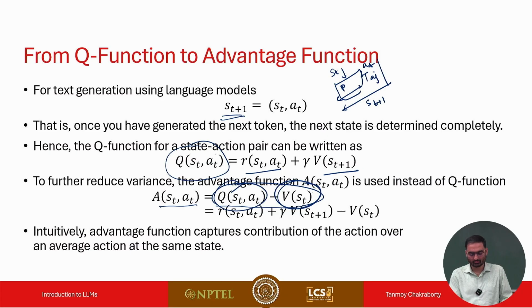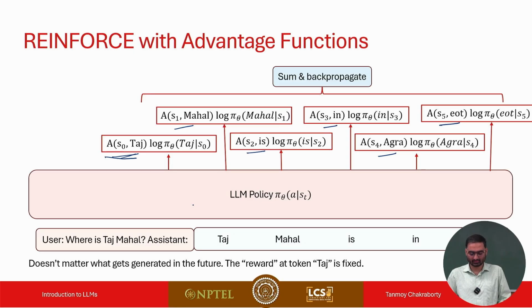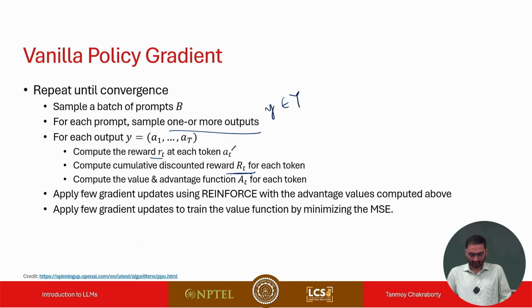So I will get Q from R, and I will get V from the linear layer. From there I calculate the advantage function for every token. Then we apply the REINFORCE method with this advantage function.